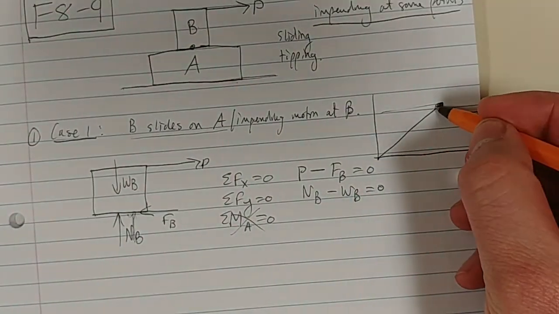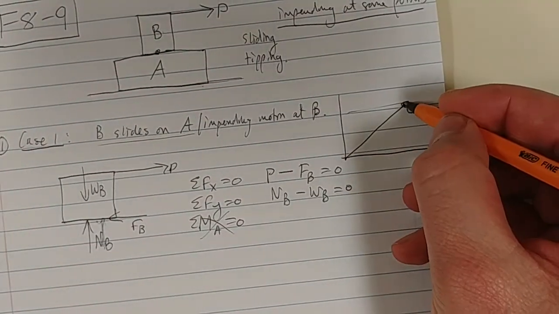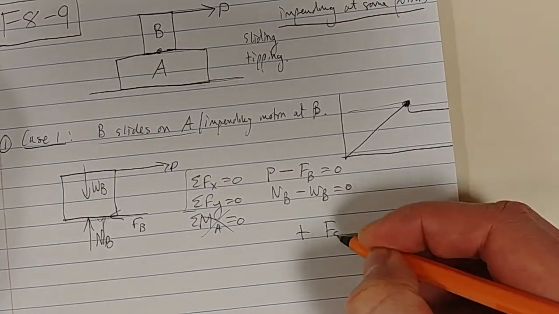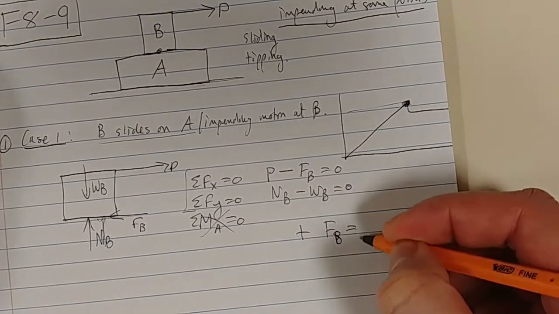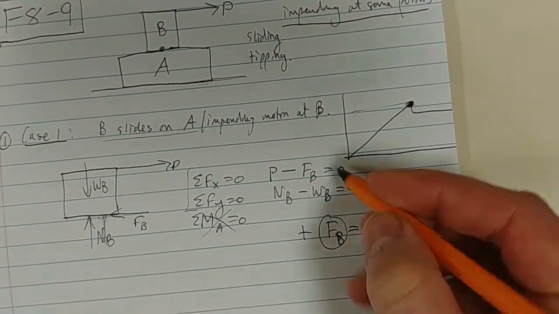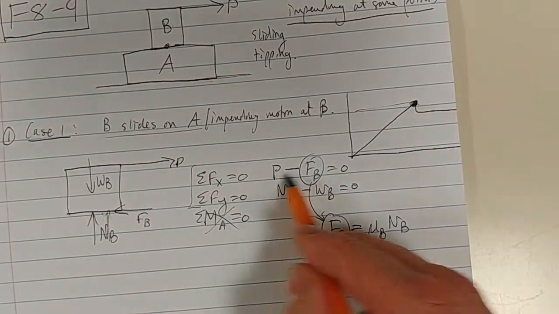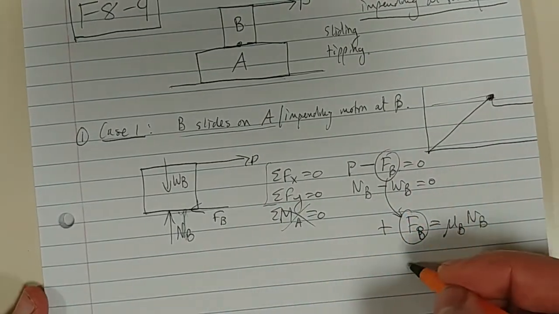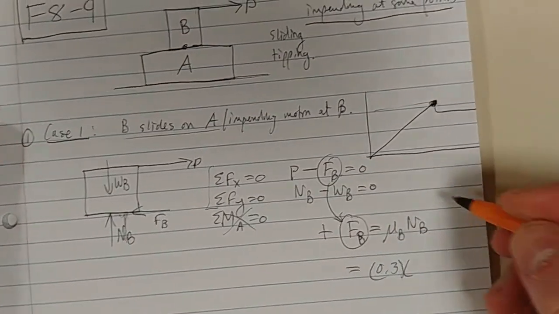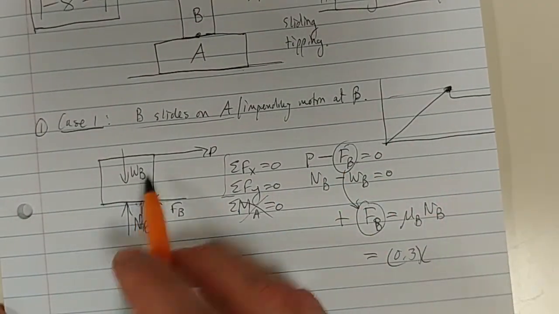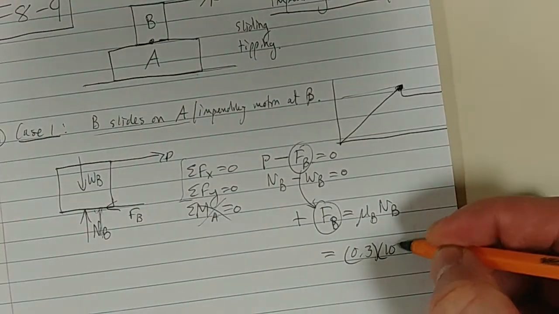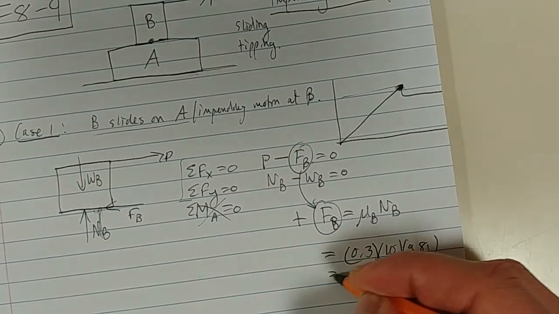Because we're at that point, we can use our equilibrium equations plus our friction equation: FB is equal to mu B times NB. So P is equal to FB. But what is FB? It's equal to 0.3 times the normal force. The normal force is simply the weight of block B, which is 10 kilograms times 9.81. 10 times 9.81.